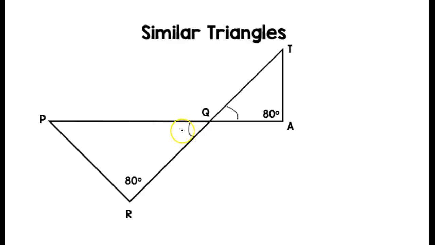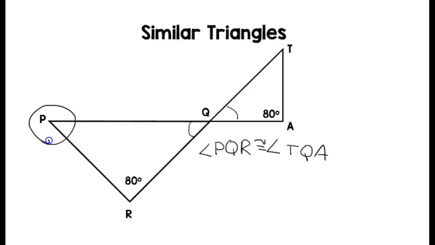So what we know is that angle PQR is congruent to angle TQA. Now, because we have two angles that are congruent within these triangles, we know that this last angle right here is going to also be congruent.